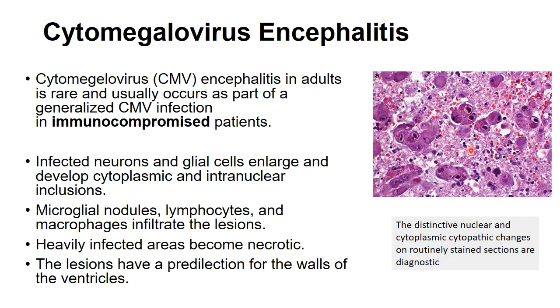The lesions become heavily necrotic and characteristically have a predilection for the walls of the ventricles. In this figure, you can appreciate the intranuclear and intracytoplasmic inclusions with a characteristic perinuclear halo in case of cytomegalovirus induced encephalitis.